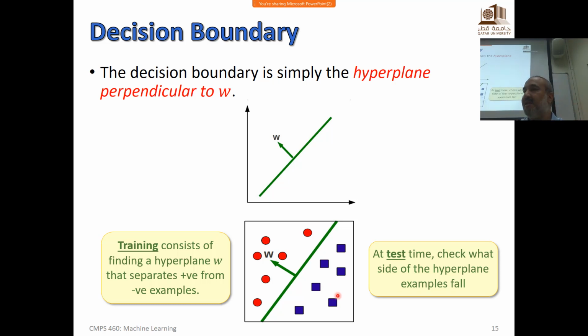If not, then it is predicted as negative. So we check the side of the hyperplane. We'll see a justification very soon. But that's what will happen in test. So in training, we are trying to find that hyperplane, but in test, the hyperplane is fixed, which is the model that we trained, and we just check on which side the point is. On one side it will be positive, and on the other side it will be negative.